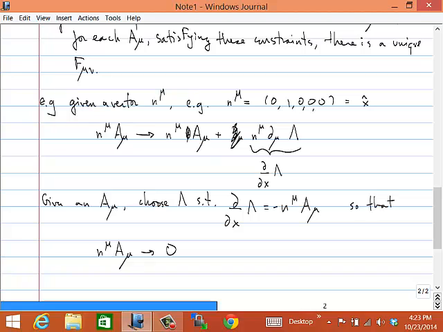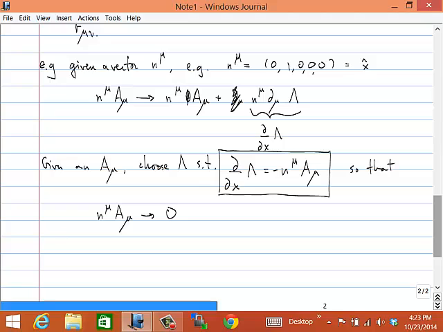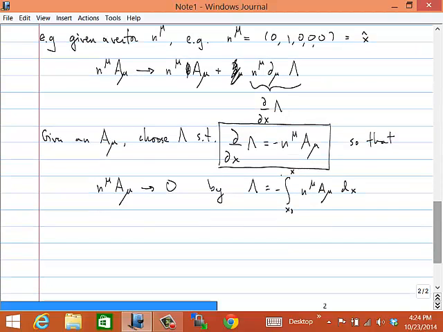And then the only question you have to ask is whether you can always solve this differential equation. Given some value of A mu, this is a first-order differential equation for lambda, and it's easy enough to solve simply by saying that lambda will be the integral of n mu A mu. So given some value of A mu, you just integrate it dx to solve the equation that sets n mu A mu equal to 0.